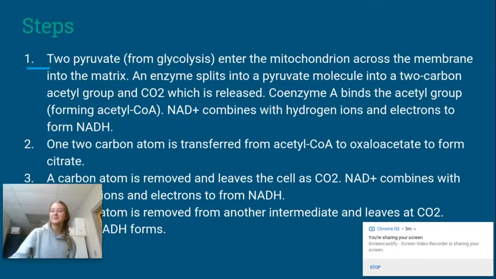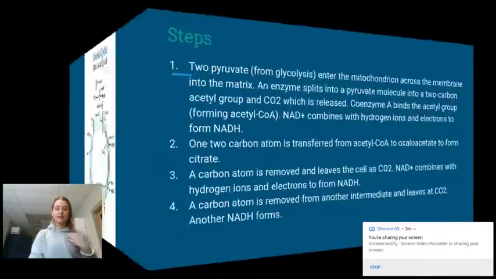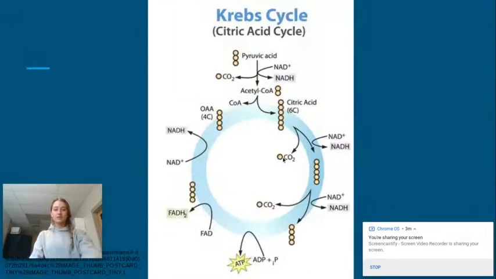So the steps begin, as Hannah mentioned, with the pre-steps, in which 2 pyruvate enter the mitochondria, and the enzyme splits the pyruvate into a 2 carbon acetyl group, in which CO2 is released, as you can see, and it also creates the coenzyme acetyl-CoA, in which NAD+ combines with hydrogen ions to form NADH.